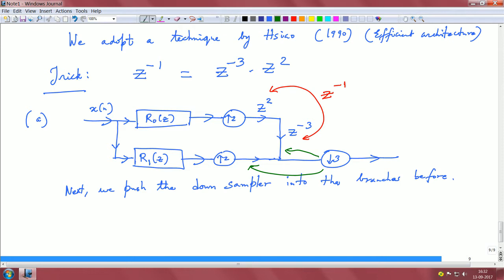And what we would do is we will use the following identities. Z power minus 3 followed by downsampling by 3, this is just like Noble identities, right.